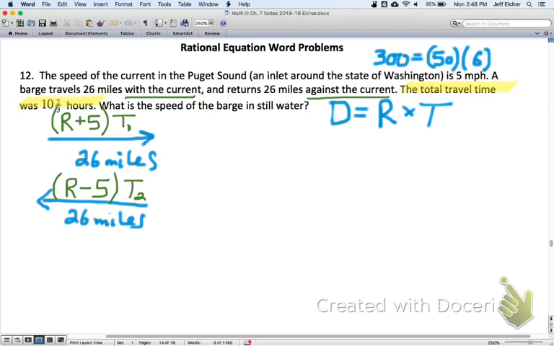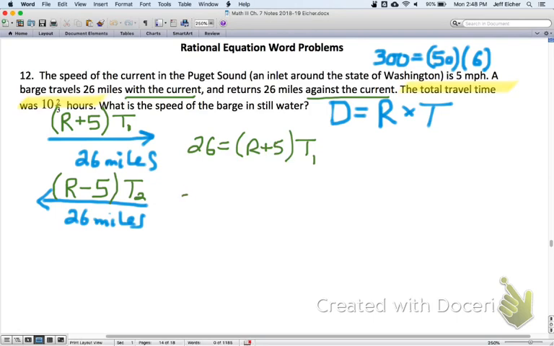Well, let me say this first. We have these equations. The distance of 26 miles equals the rate plus 5, times the first time, T1.